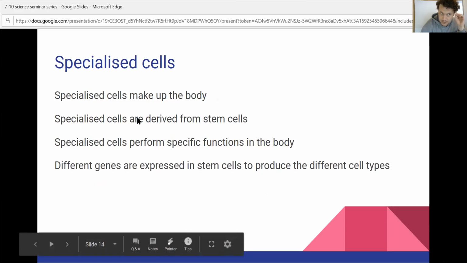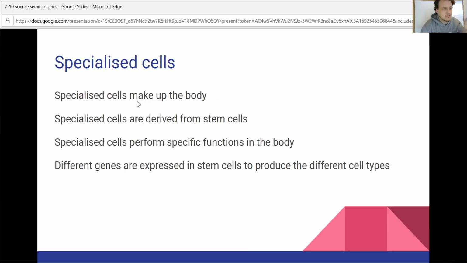So, specialized cells make up the human body. Skin cells, liver cells, heart cells, and so on and so forth. They're all derived from these stem cells, and those stem cells are there at conception of the new child cell.